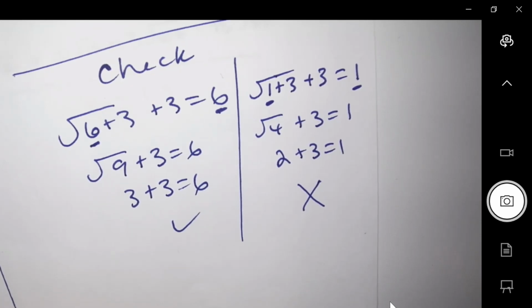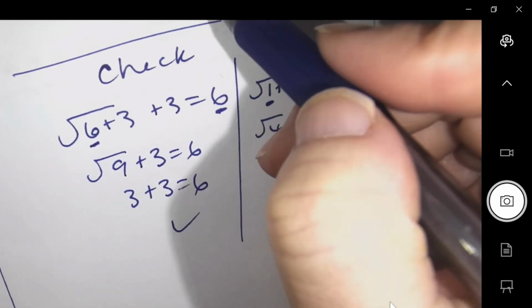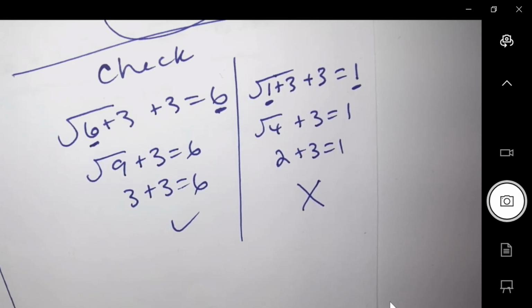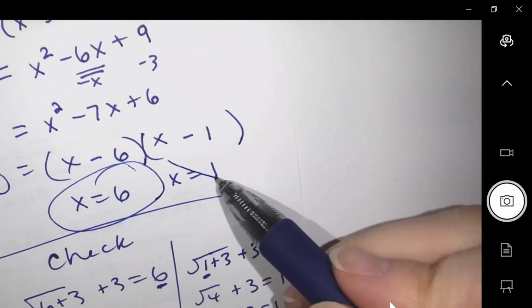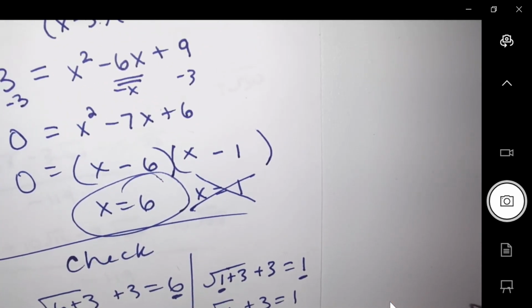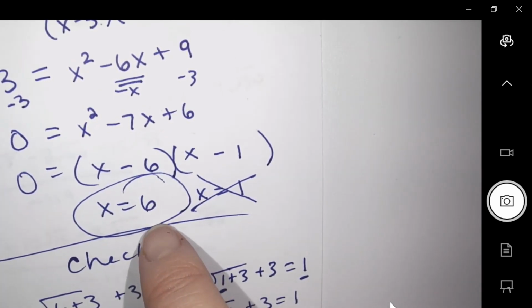So the 6 looks like it worked. The 1 did not work out for me. So I'm now going to just cross it off. I'm not going to write no solution because 6 is the solution.